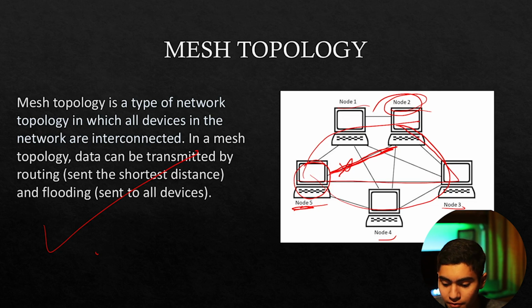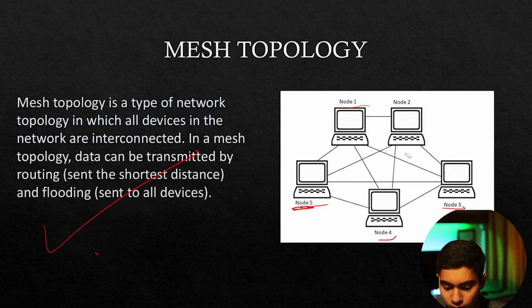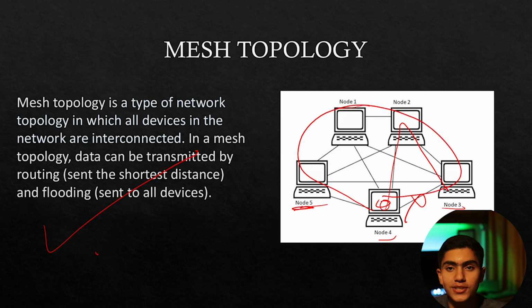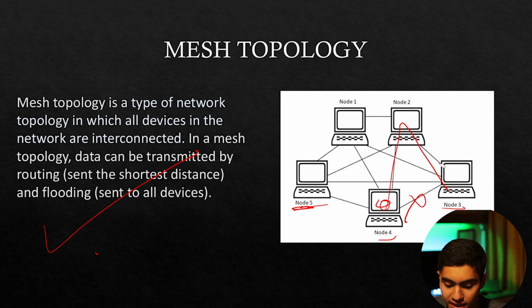If any of the wires fail here, let's say this wire fails, and this computer wants to connect to this computer, it can go like this. If it wants, it can go round like this. So this is the mesh topology. It has plenty of ways to go. Every computer is connected to every computer in one way or another.